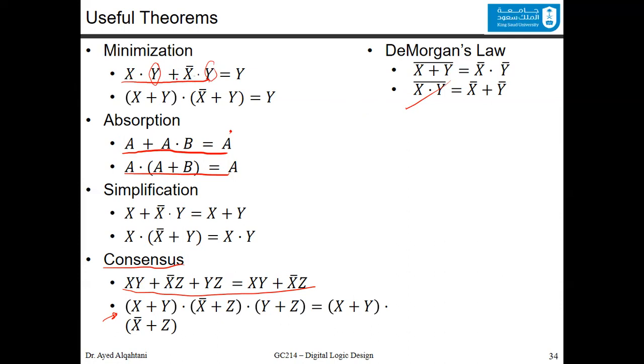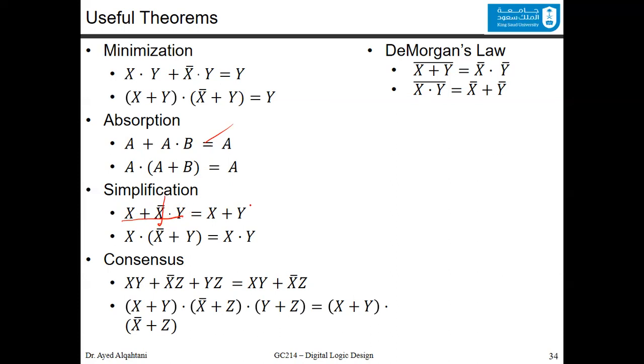If this happens, or you notice this, the result will be Y. This is called minimization. Also, the absorption, we mentioned that. Simplification, if you have X or with another term that has the complement of the same variable ANDed with another variable, then the result, you will take this out.